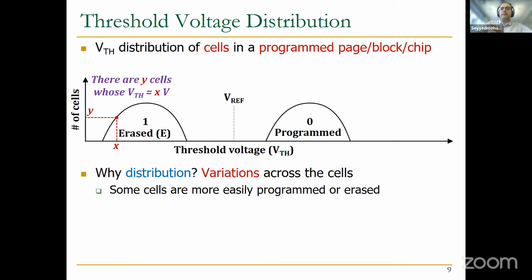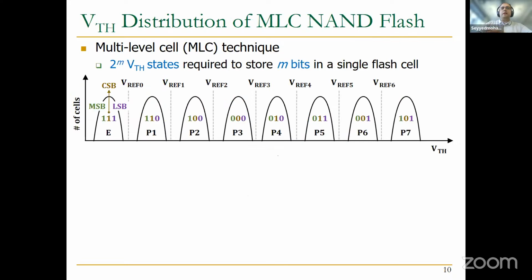As we discussed in the previous meeting and also today, we can categorize the threshold window in a more fine-grained manner. Here, as an example, we consider a TLC cell that can store 3 bits. With these voltage threshold states, you can encode more bits.